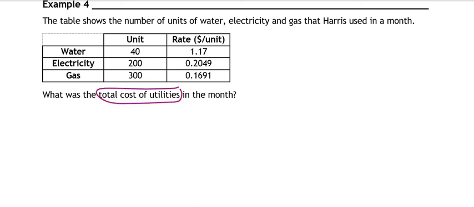So you have to find the total of the costs by multiplying this, because you already know that 1 unit is $1.17 for water. So for 40 units, you have to multiply, and you will do the same for the others, right? So let's have a look one by one.